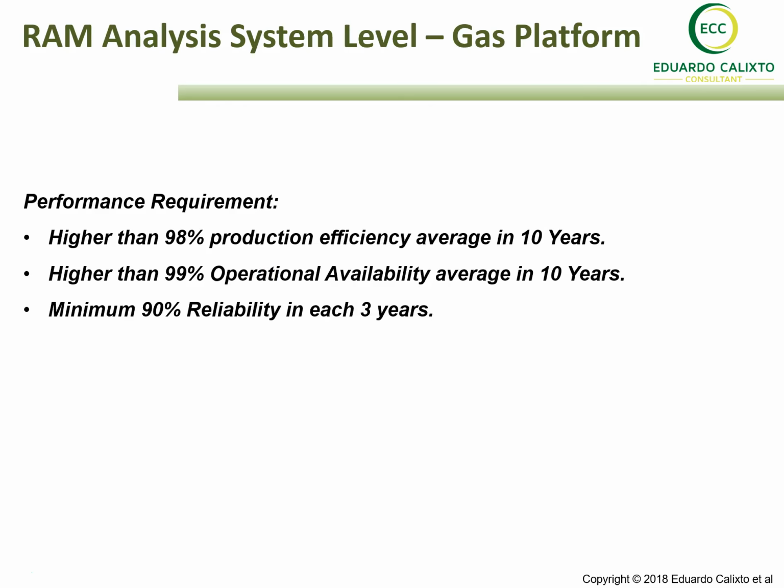Before starting to perform the run analysis, to collect the data and perform lifetime data analysis, and after that to produce the RBD model, we need to understand the requirements. And for the specific gas platform, there are these 3 requirements: higher than 98% production efficiency average in 10 years, higher than 99% operation availability average in 10 years, and minimum 9% of reliability in 3 years.